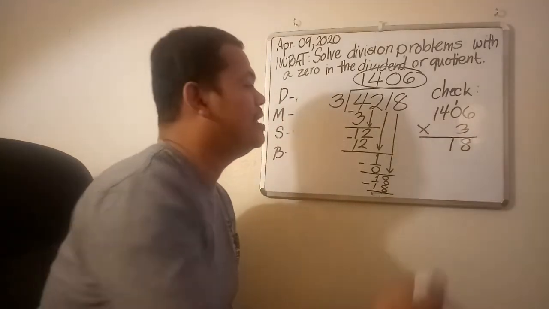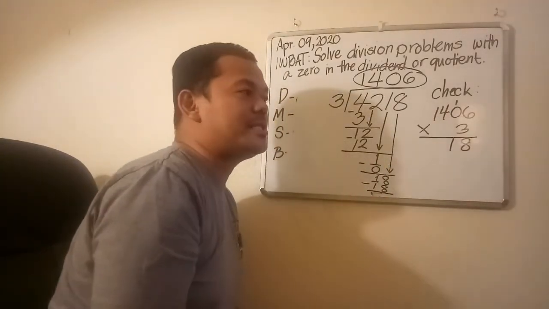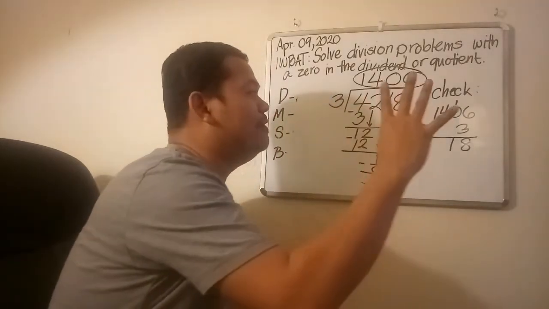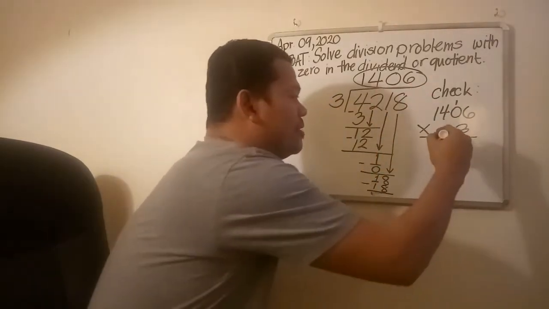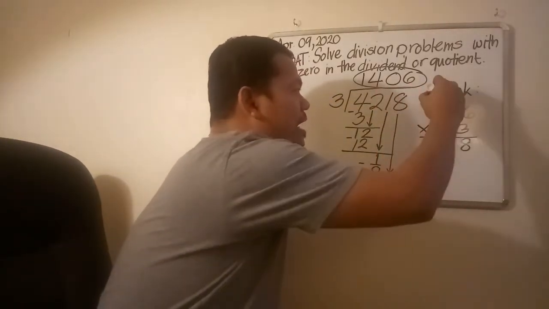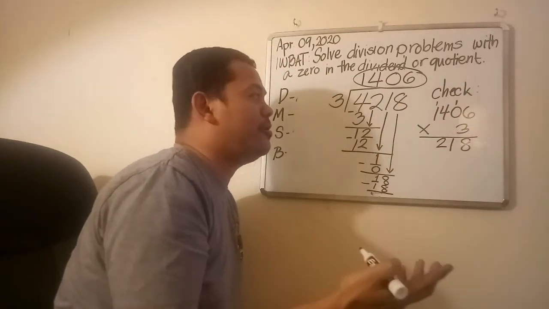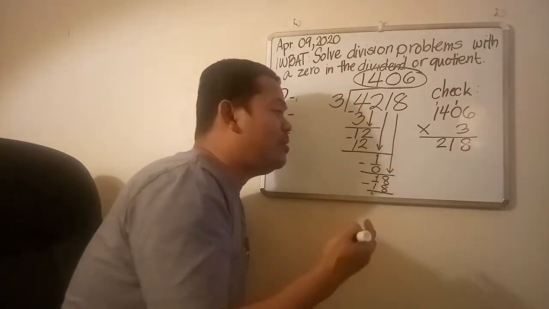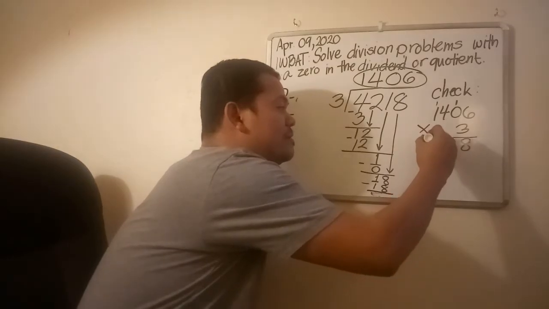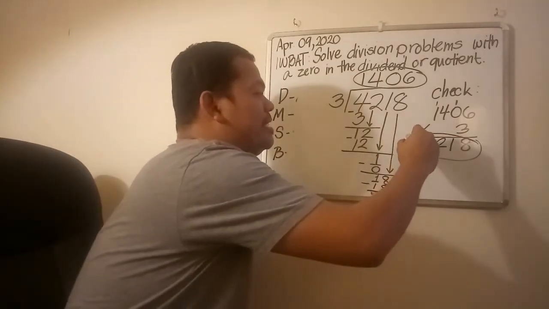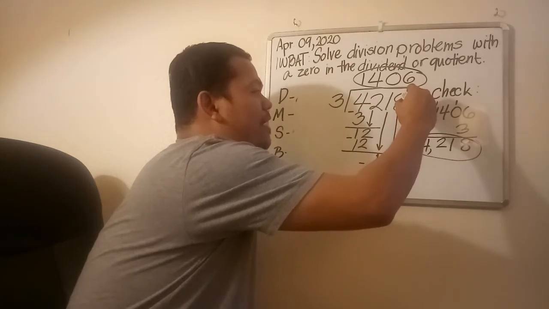There you go. 3 times 4 is equal, let's count by 3. 3, 6, 9, 12. How much? It's 12. Right here, 12. Carry 1. 3 times 1 is equal to 3. Plus 1, 3 plus 1 is equal to 4. The answer is the same. Our dividend is the same as our factor.